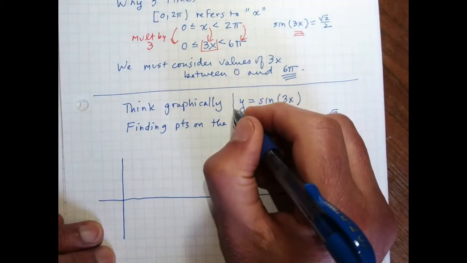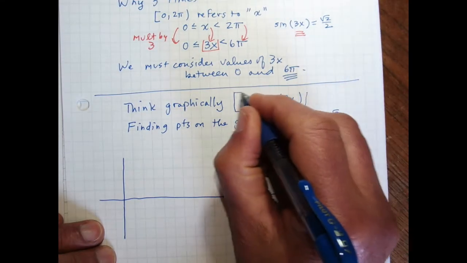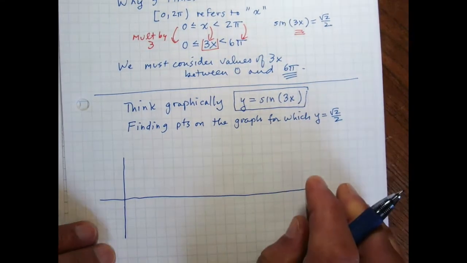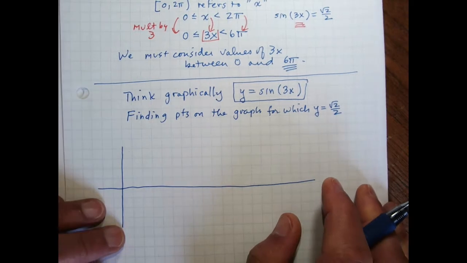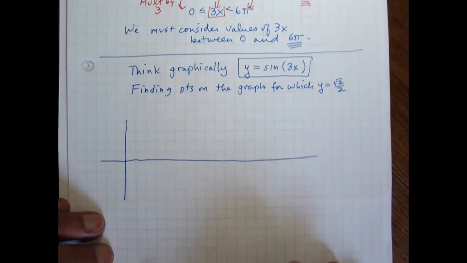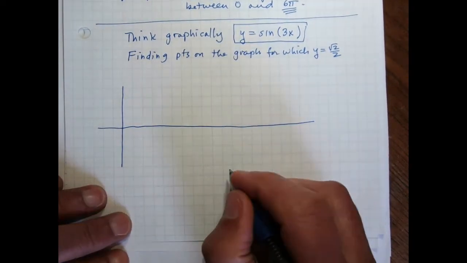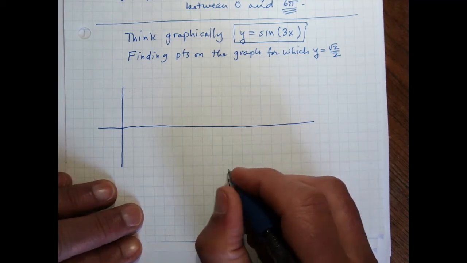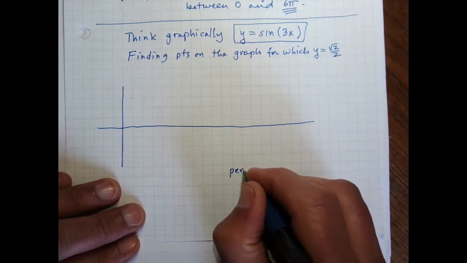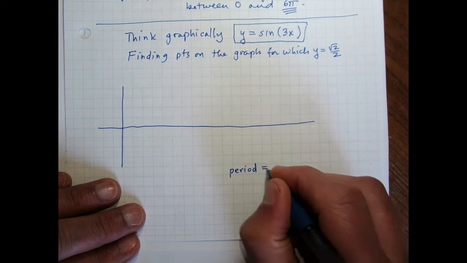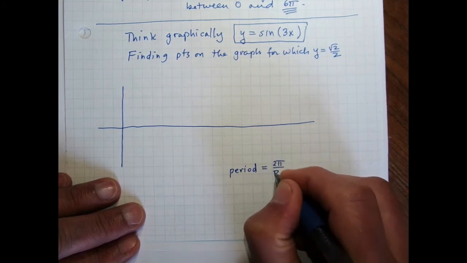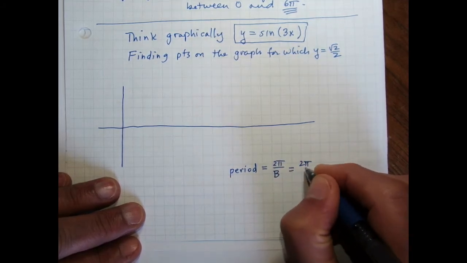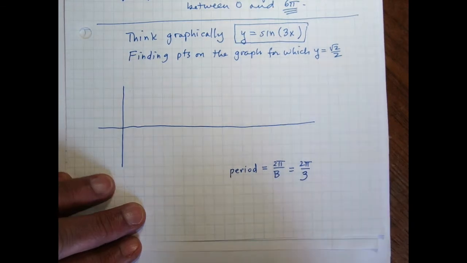So let's sketch this function. Now, this is a function whose period is not 2 pi, right? And it's simple enough that we shouldn't have too much trouble graphing it. Remember, the period is equal to 2 pi over b. That's 2 pi over 3.